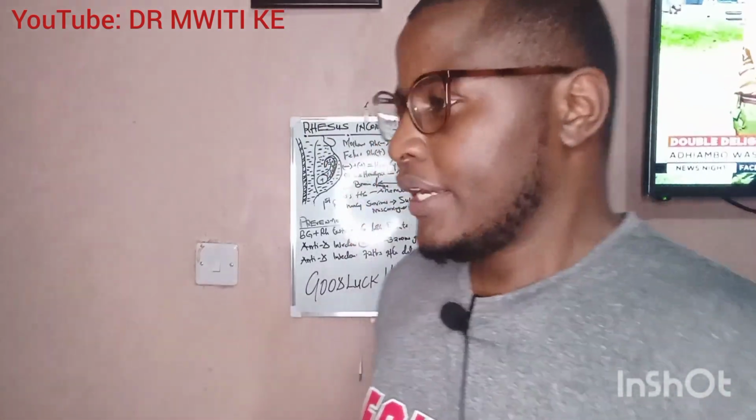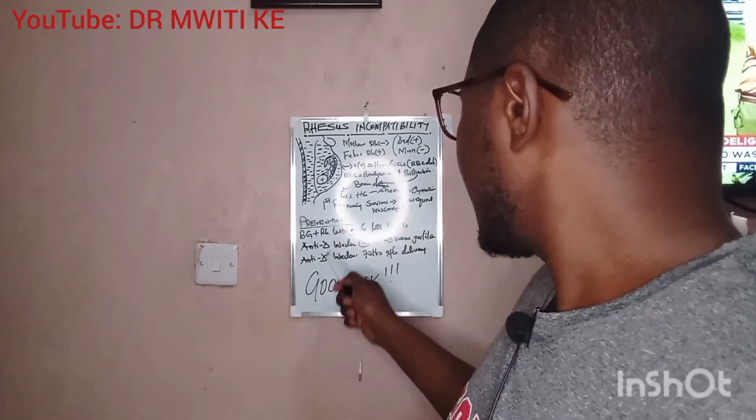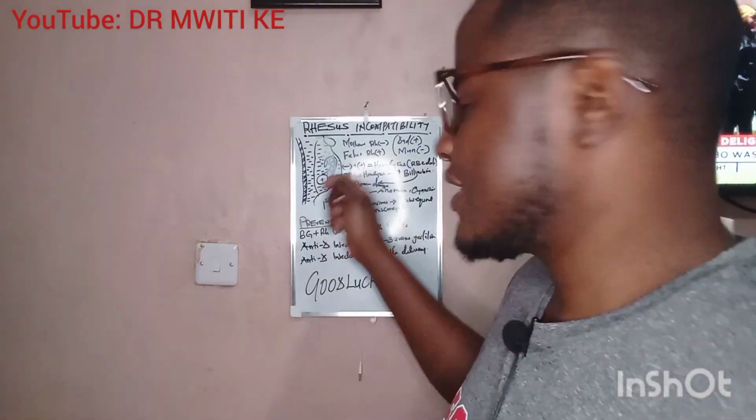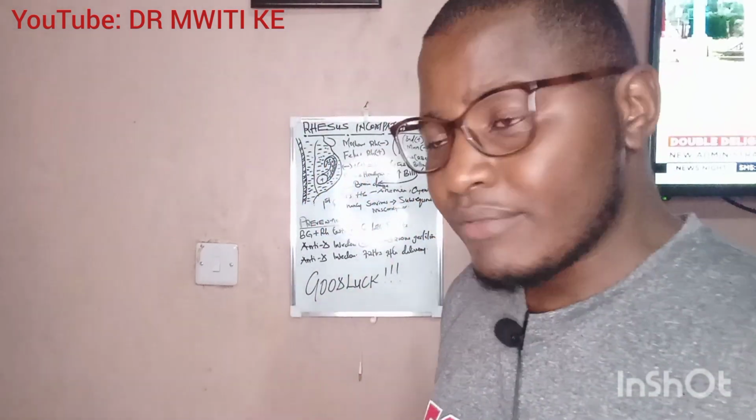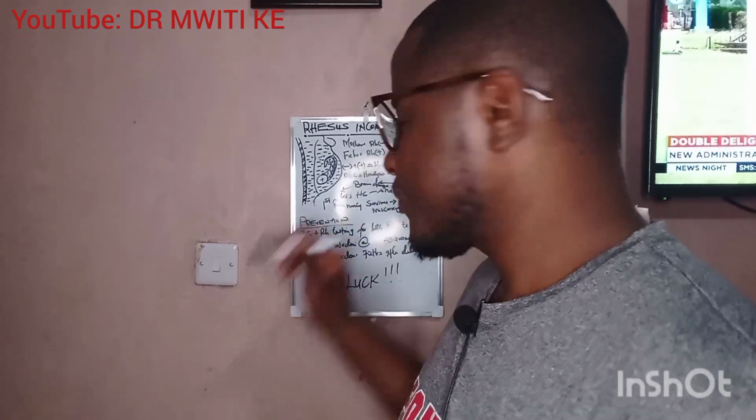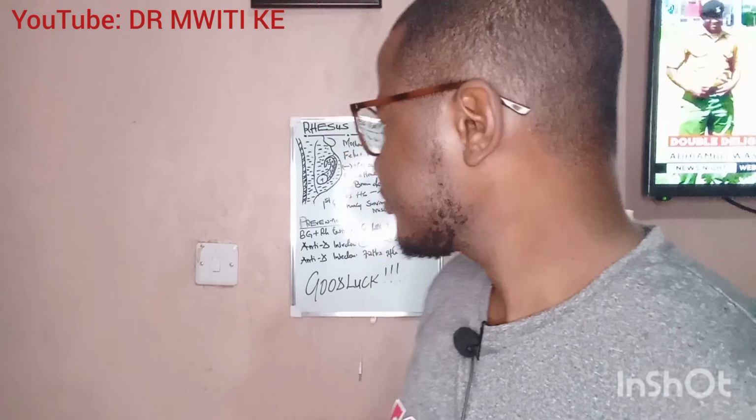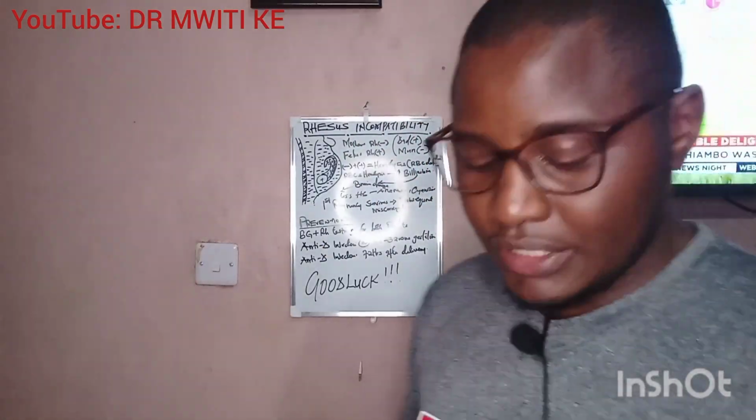Alright? Now, how can we prevent this Rhesus incompatibility from occurring? We can prevent it by, number one, an injection that is given between 28 to 32 weeks, but in most cases it is given at 28 weeks, an injection that we refer to as anti-D.